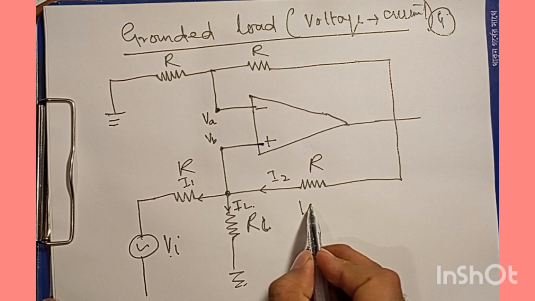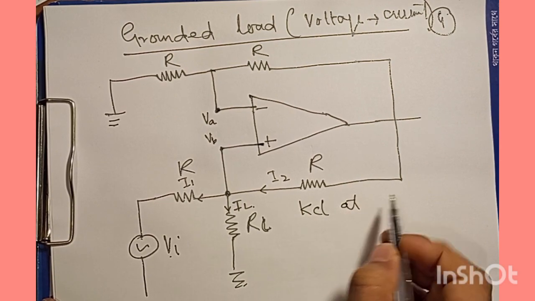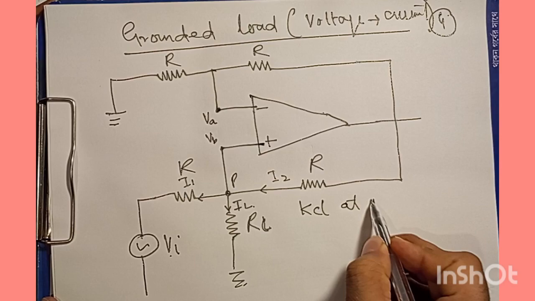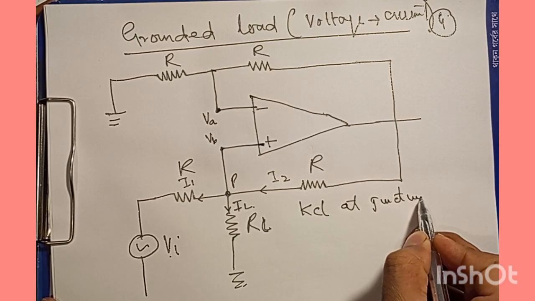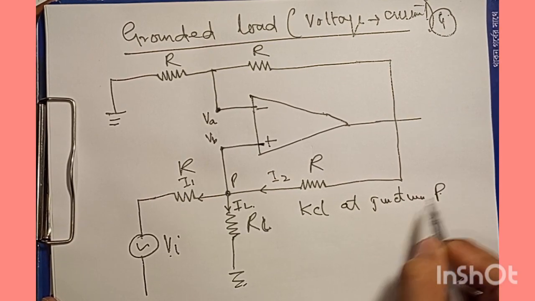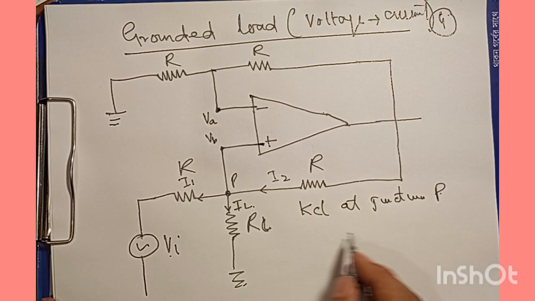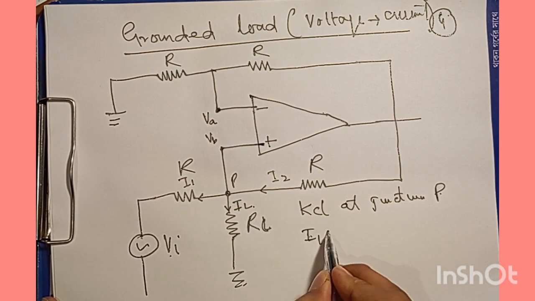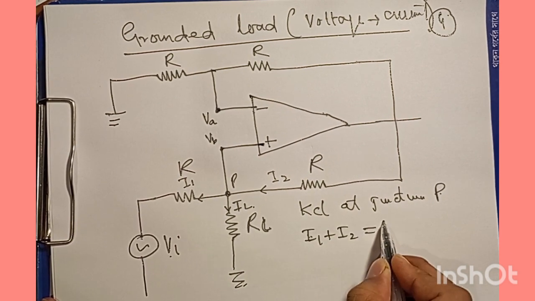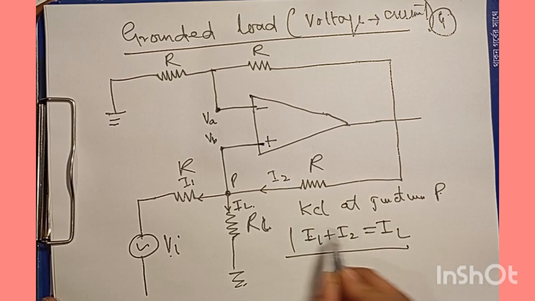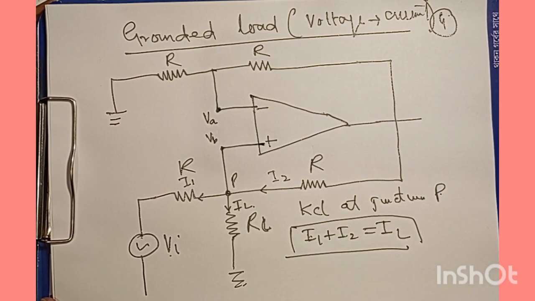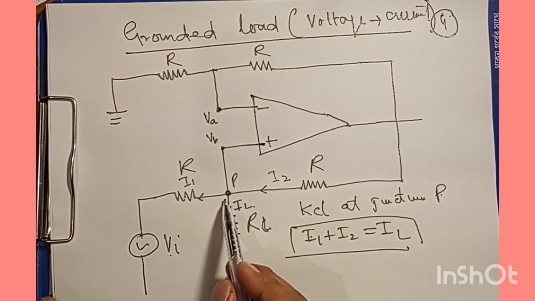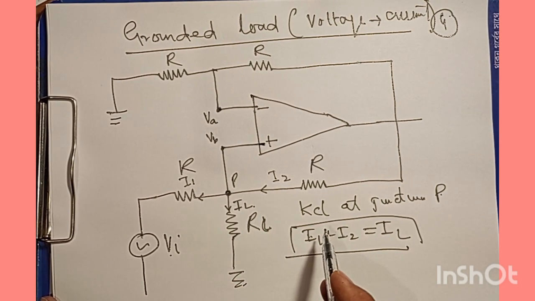So we can think of KCL at junction P, and we can immediately write down an equation for KCL, and what will that be? That will be I1 plus I2 equal to IL, right? So at this junction we have made use of Kirchhoff's current law, and we have written down the equation for the currents.